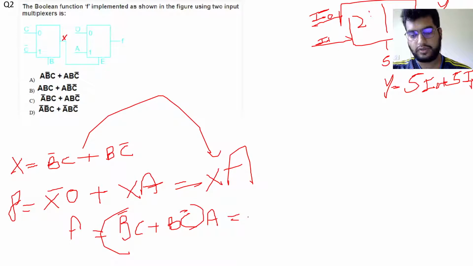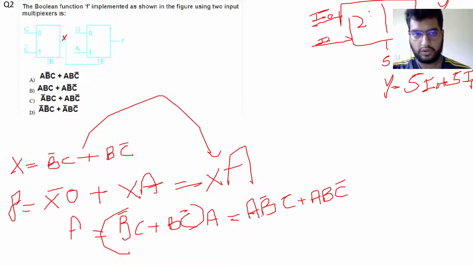So f is equal to a b bar c plus a b c bar. If you look at the options, this is option A, A B bar C plus A B C bar. So the correct answer to this question is option A.